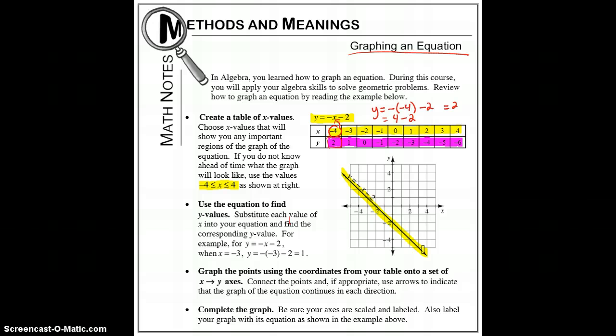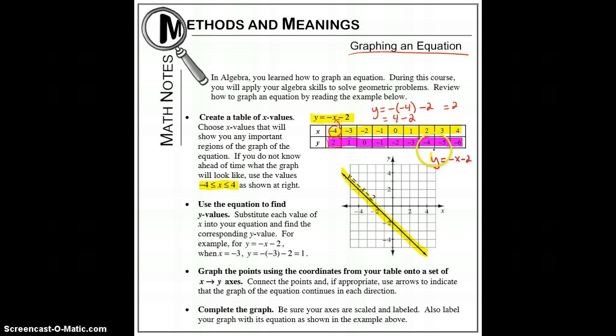We can also strictly just use the equation to help us graph. Remember that in your equation, y is equal to -x minus 2, you have two things that we can see.